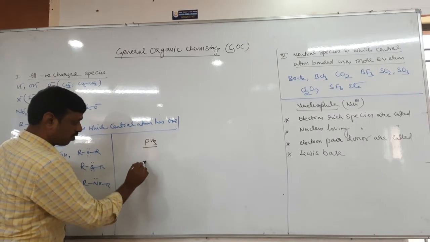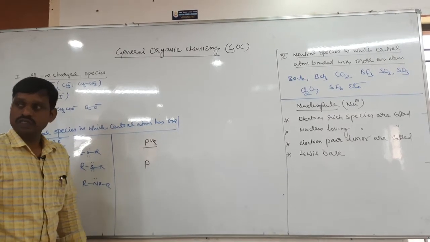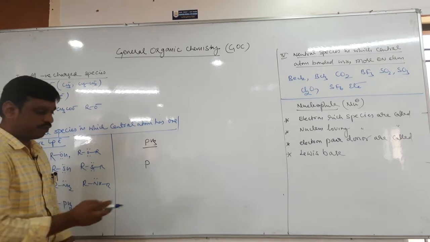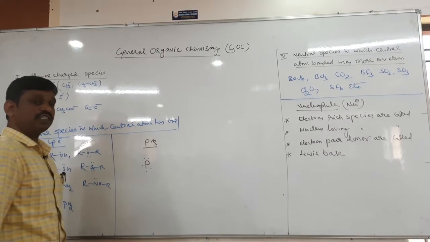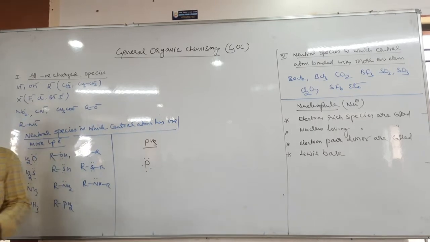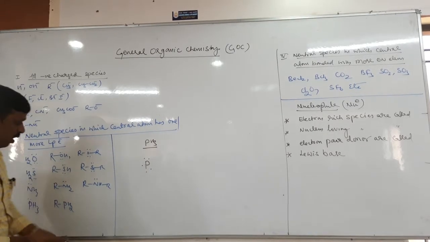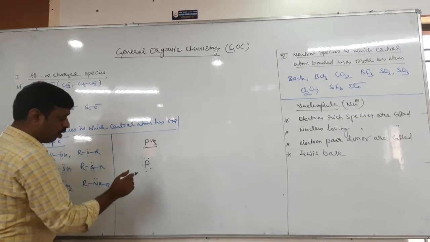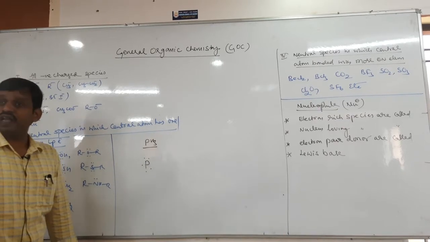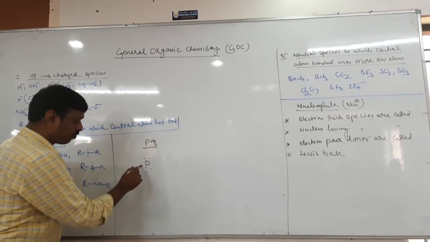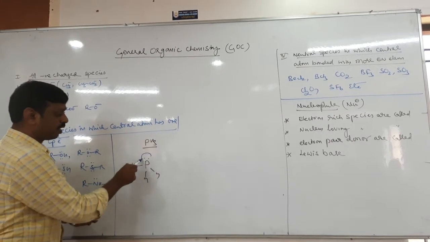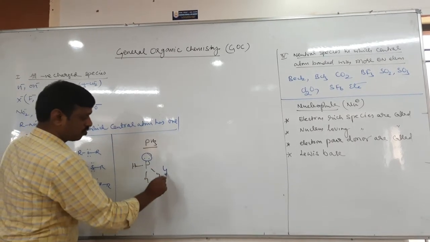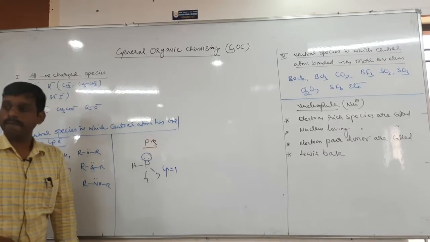Write the central atom, which belongs to the 15th group, so there are 5 valence electrons. All the 15th group elements have 5 valence electrons, and there are 3 hydrogens. Hydrogen is monovalent, so each hydrogen forms one covalent bond, 1 2 3. Still there is how many lone pair? Lone pair is 1, so LP equals 1.